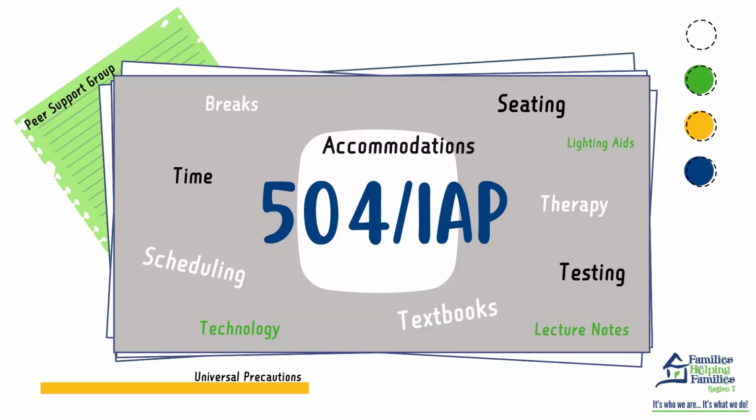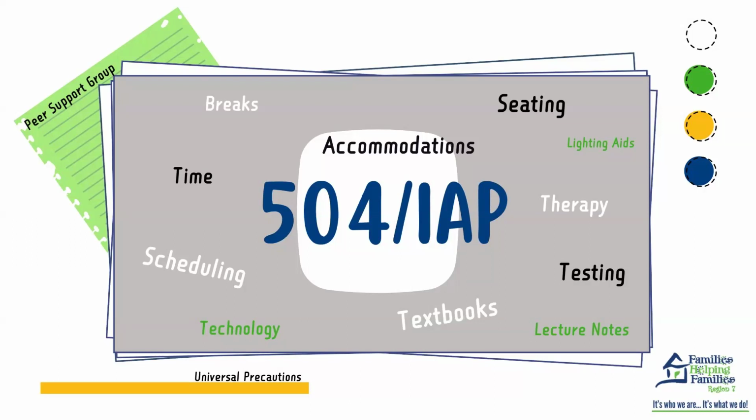Instead, the disability must rise to the level of severity or impact on the student's performance at school. When the Section 504 assessment has been completed, the parents are notified of the meeting to determine if the student is eligible. So just because they have a disability does not make them eligible. Again, that disability has to rise to the level of severity or impact on the student's performance at school.